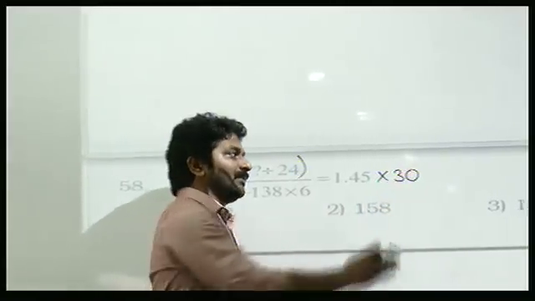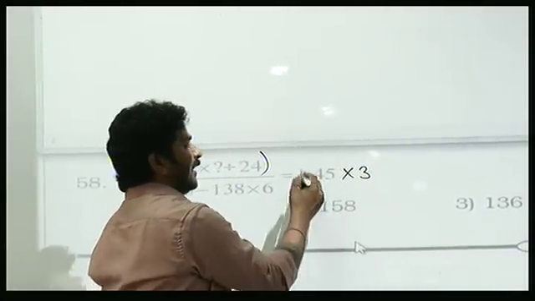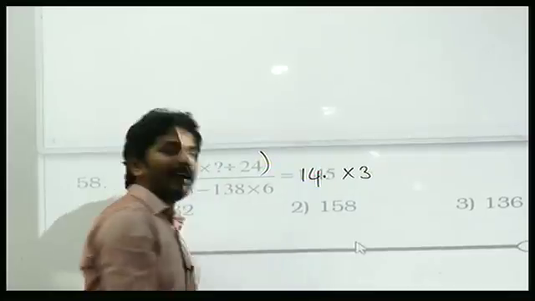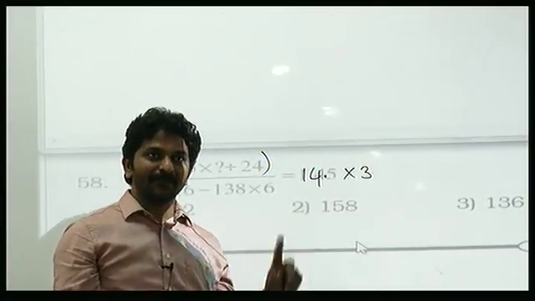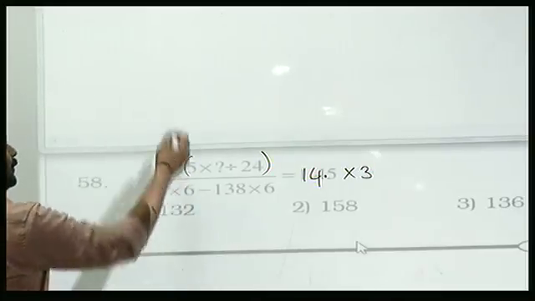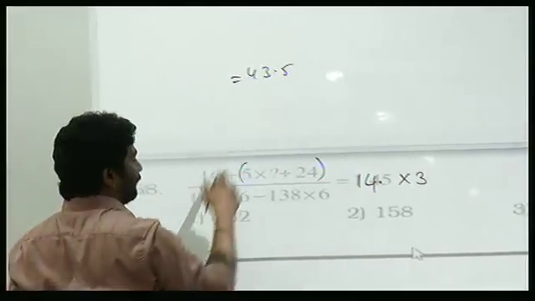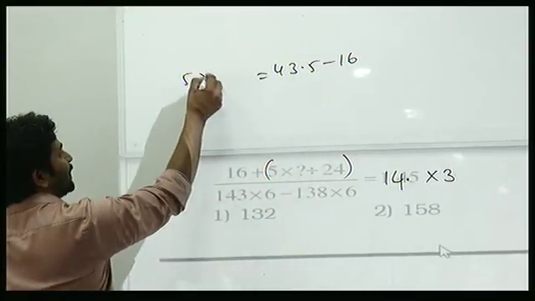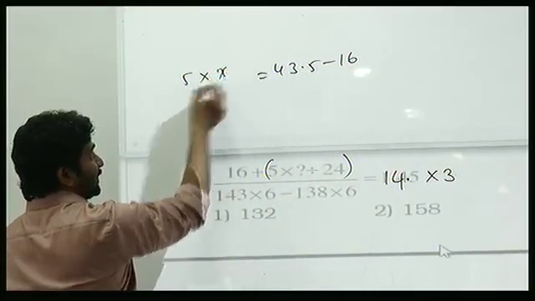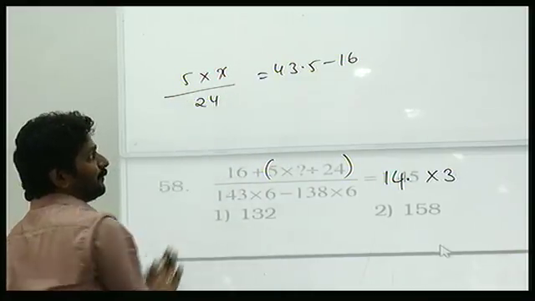1.45 into 30. Let me cancel 0 and treat it as 14 and a half. 14 3 times 42. Half 3 times 1 and a half. 43 and a half. So right hand side you already have 43 and a half. Take plus 16 to right hand side becomes minus 16. And the left hand side value becomes x5 into x divided by 24.